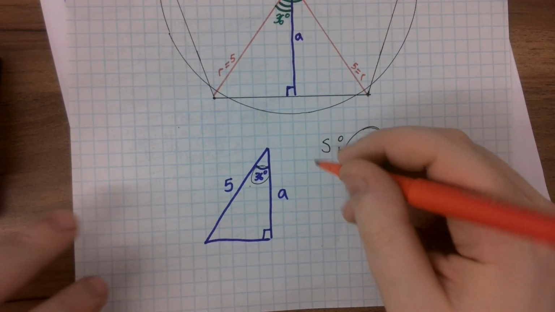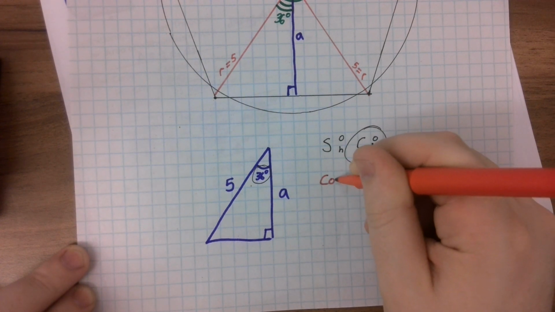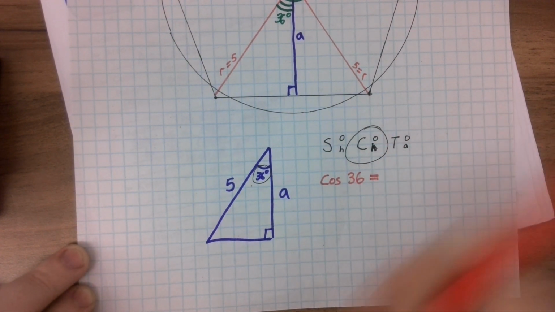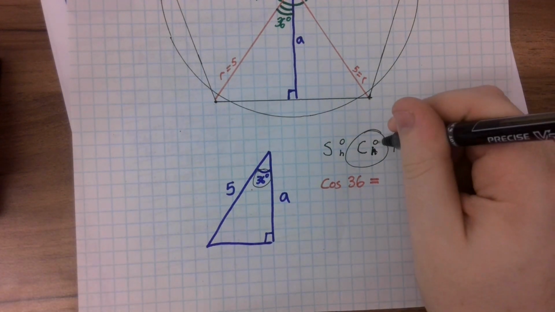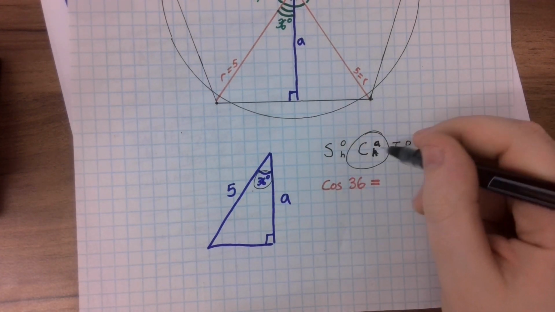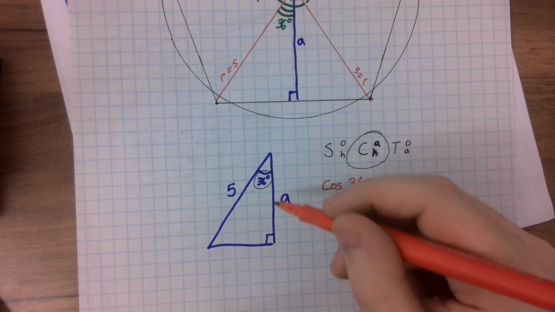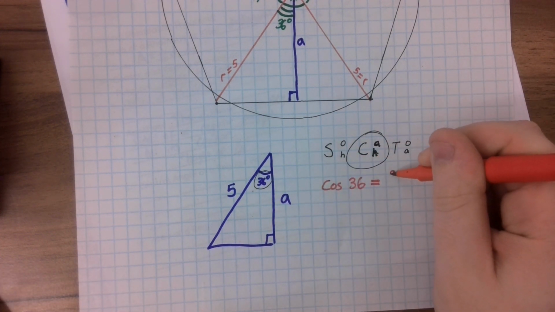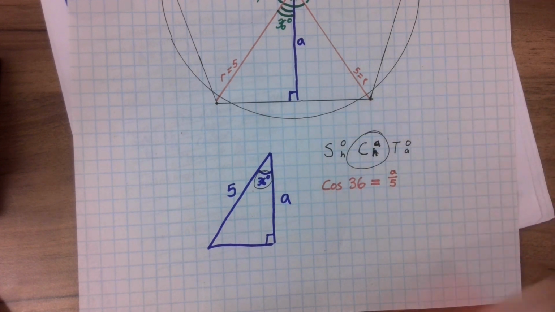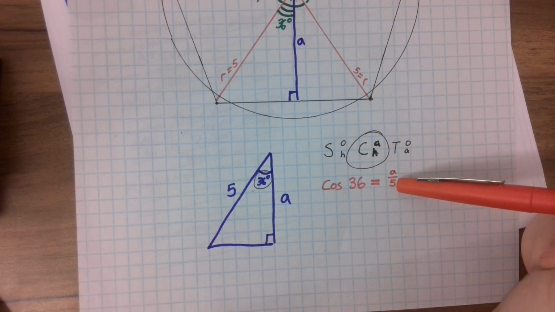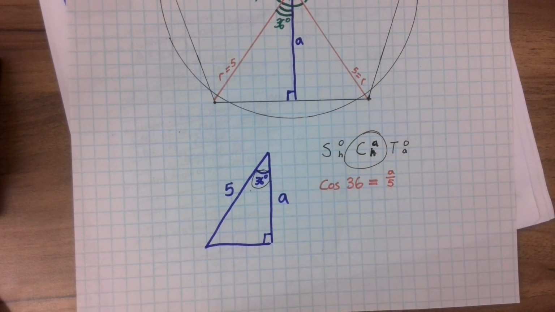To solve for A, the cosine of 36 would equal adjacent over hypotenuse, so CAH. So sorry folks. Adjacent is A, our hypotenuse is 5.